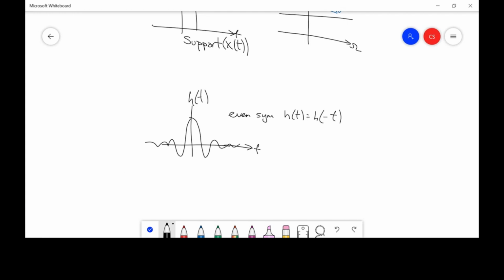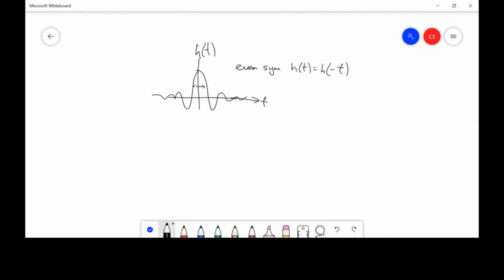So there is a kind of mirror around this axis. And we have another kind of signals that are odd symmetric. So we have h of t, and they are negated. They look something like this.